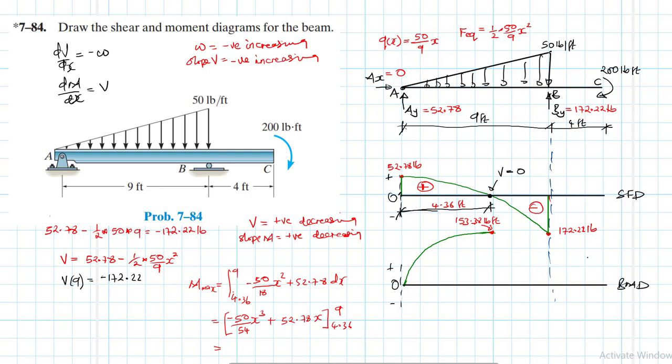And then let's see what we find. Do the subtraction. So I'll feed everything: minus 50 divided by 54 times 9 cubed plus 52.78 times 9, close brackets, minus, 50 divided by 54 times 4.36 cubed plus 52.78 times 4.36.